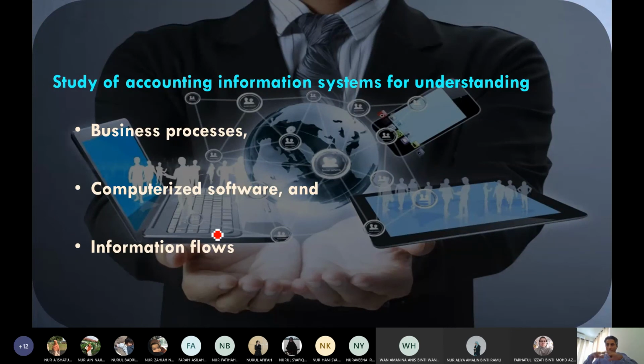We have a broader concept of business process because when we have any financial transaction, there are some supporting non-financial transactions, like when we have, let's say, a selling transaction. The sale transaction has a pre-transaction, which is the customer order. Then after that, we have another internal process of the customer order, which is the sales order.